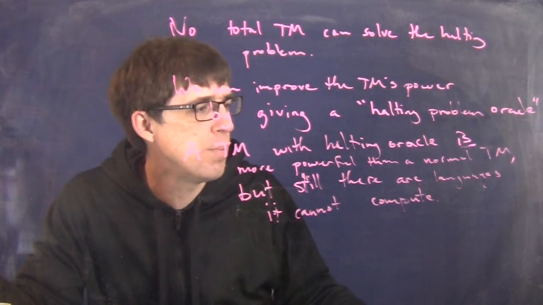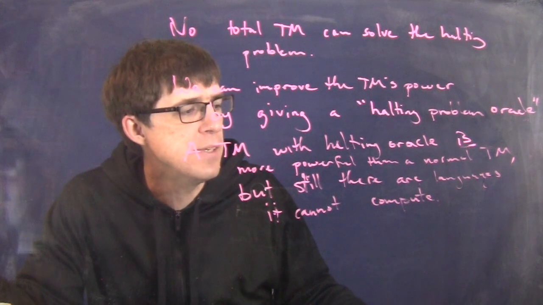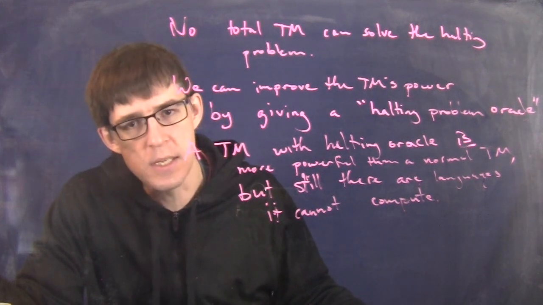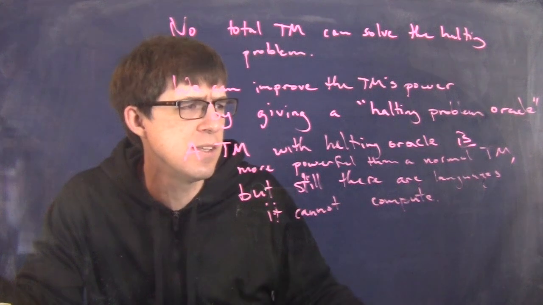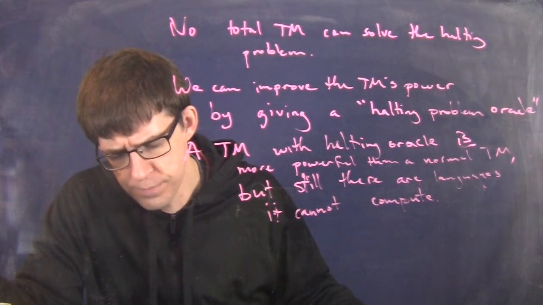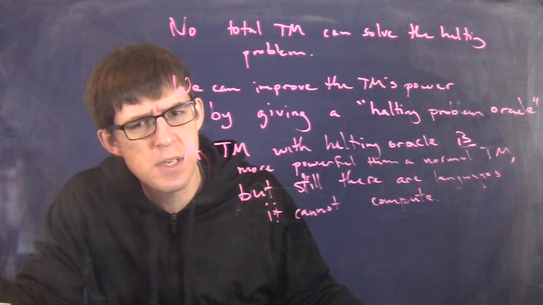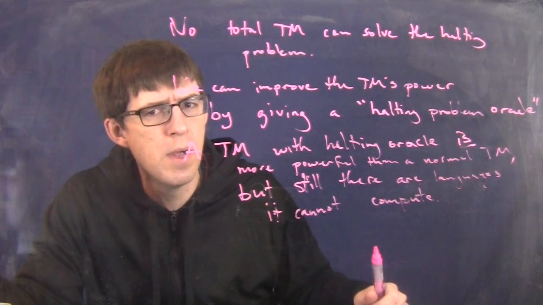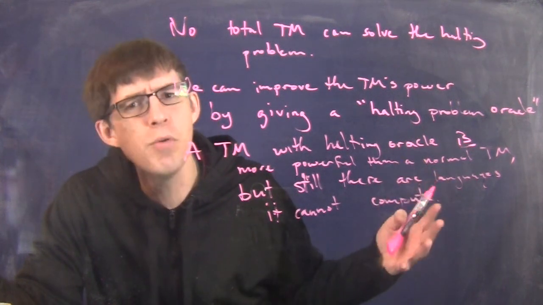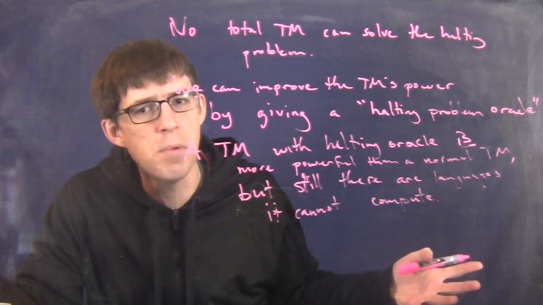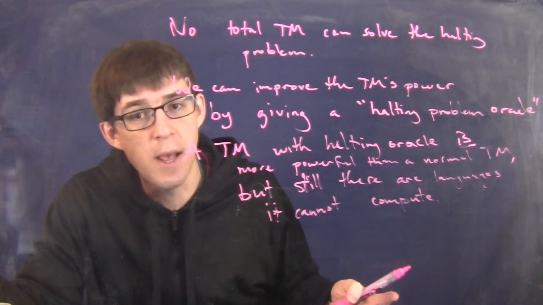Adding magical powers one by one is not sufficient to make a machine that can accept everything. And in that sense, there's no such thing as a machine that can accept everything, or such a machine would have to be purely magical. It wouldn't resemble a real world machine at all.